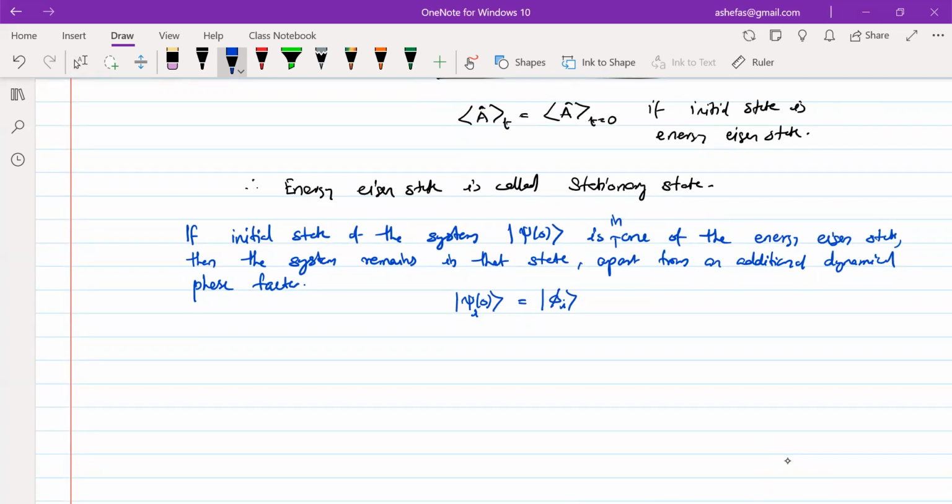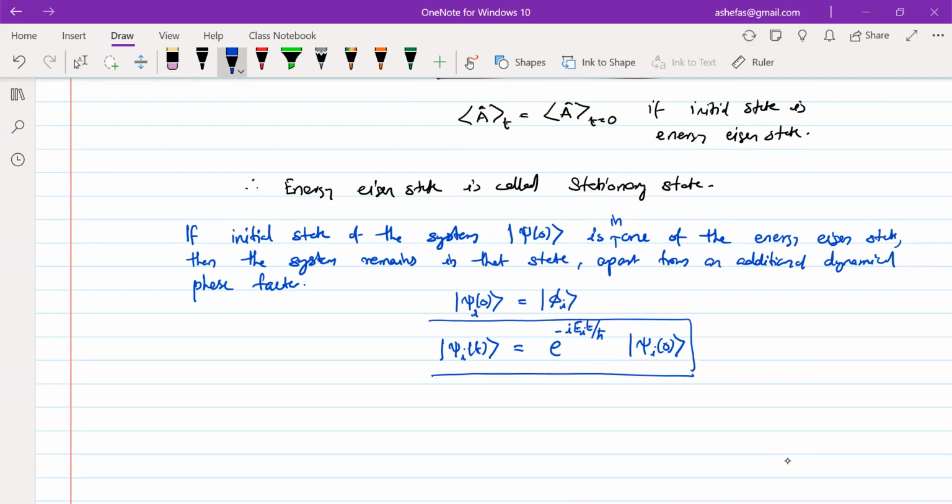So if psi i of 0 is phi i, then at a later time the state of the system would be in the same state, psi i of 0, but with an additional phase factor e raised to minus i E_i t upon h cross. So there is no mixing of states in the time evolution if the initial state is an energy eigenstate.